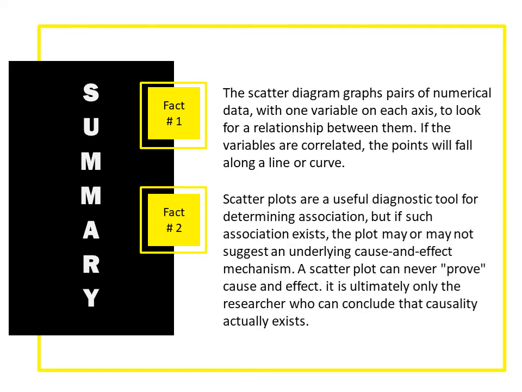Scatter plots are a useful diagnostic tool for determining association, but if such association exists, the plot may or may not suggest an underlying cause and effect mechanism. A scatter plot can never prove cause and effect. It is ultimately only the researcher who can conclude that causality actually exists.